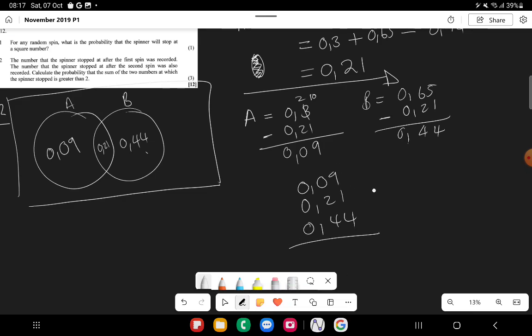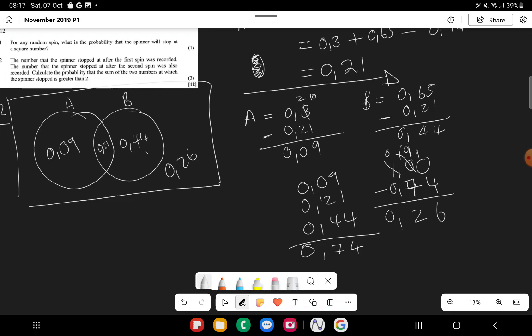That gives 0,74. Then 1,00 minus 0,74 is going to give me 0,26. So 0,26 goes on the outside.